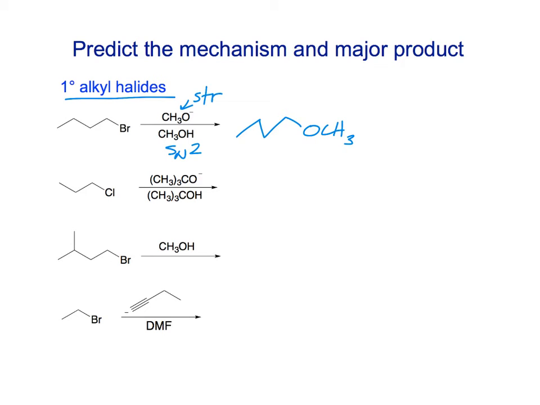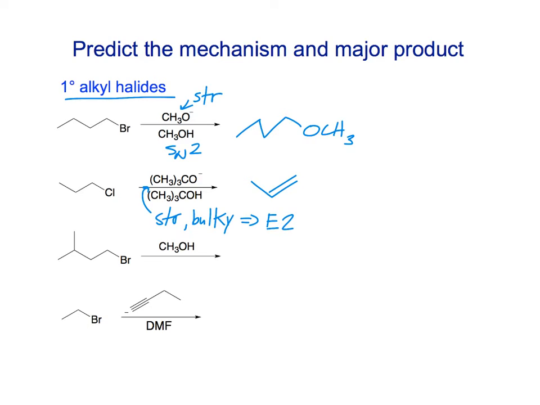In the second one, we have a strong base, but it's bulky. Okay, this is tert-butoxide. And so this is going to favor E2. None of these are usually exclusive, though. In both of these, we probably get some mix of substitution and elimination.